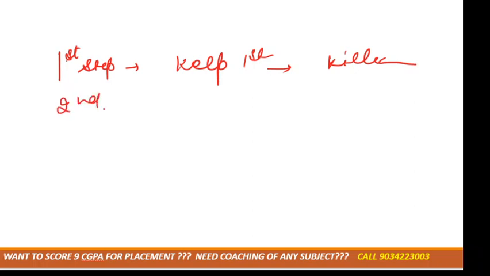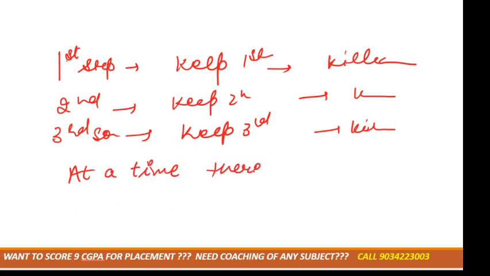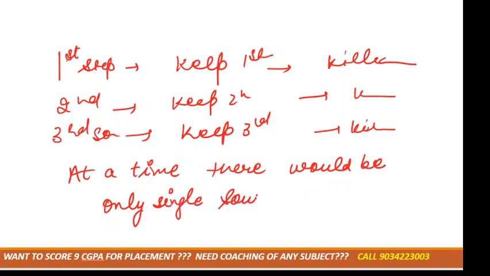In the second step, keep the second source and kill the other sources. If there are three sources, in the third step keep the third source and kill the other sources. So at a time only a single source should be present.